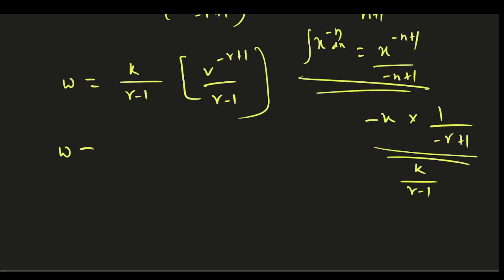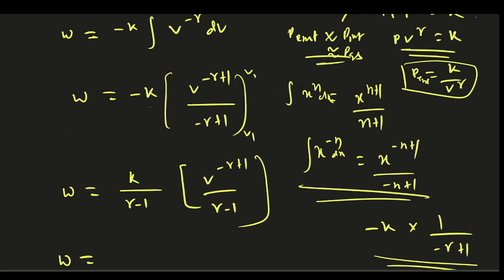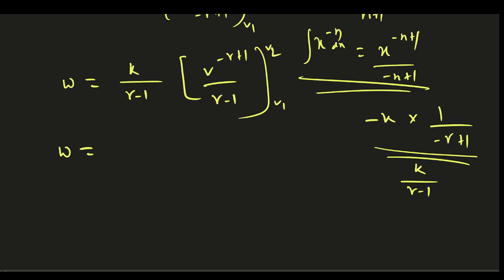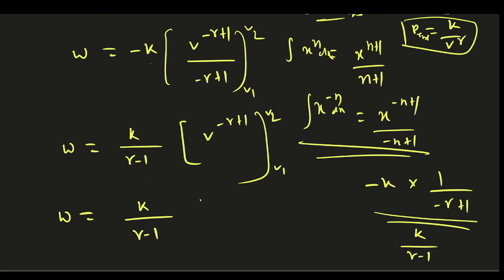Then what will we do, and this is from V1 to V2. So k over gamma minus 1, I take this value here, so that came here, right? Yes.